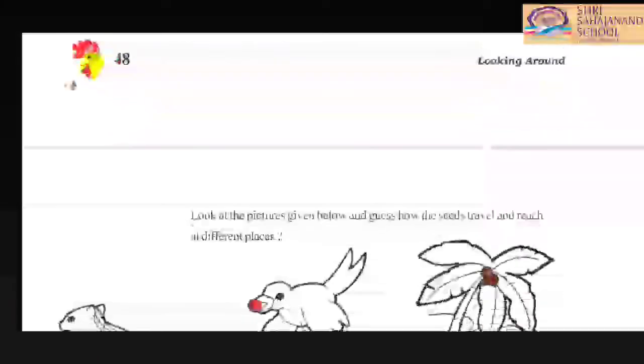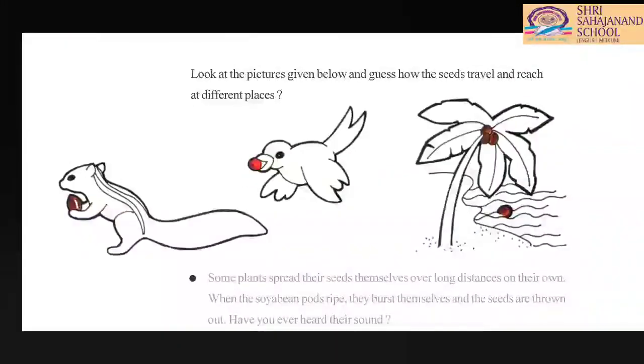Moving ahead, we have: look at the pictures given below and guess how the seeds travel and reach different places. Here three different pictures are given: one with a squirrel, one with a bird, and at the end a tree near the ocean.